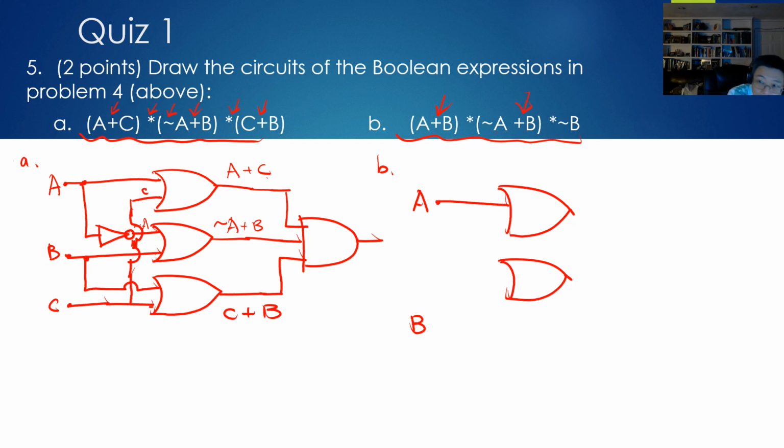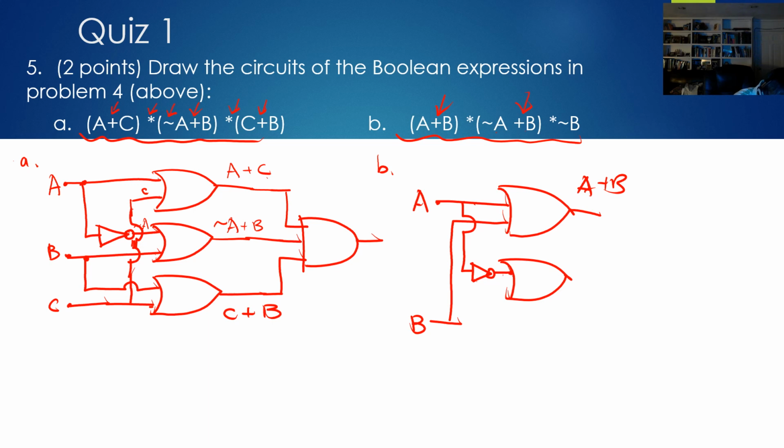Now I'm going to use B. So this is going to give you A plus B. Now the second one is tilde A. So that means I need to go through a NOT gate, and then use this.